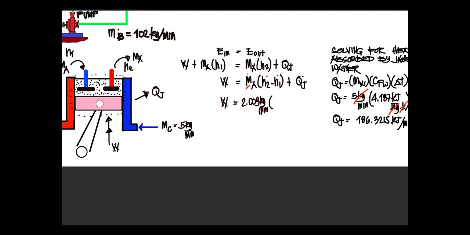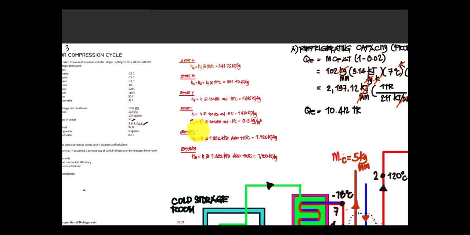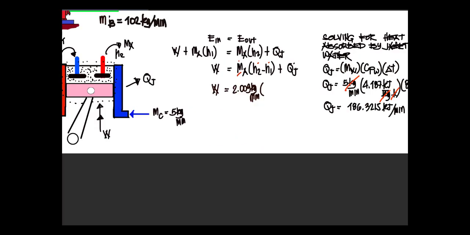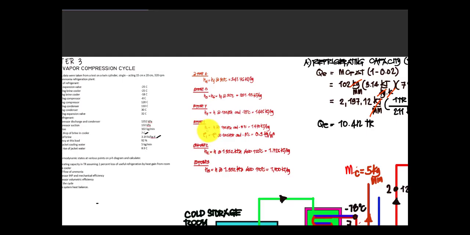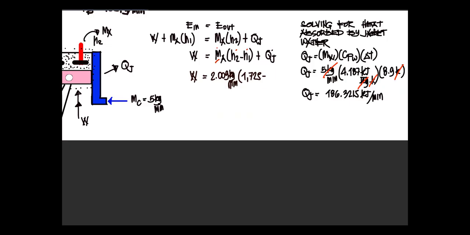Going back to our data, at point 2 we have 1725 minus the enthalpy at point 1, which is 1470. The units will be kilojoule per kilogram.